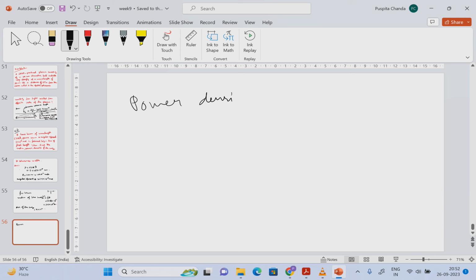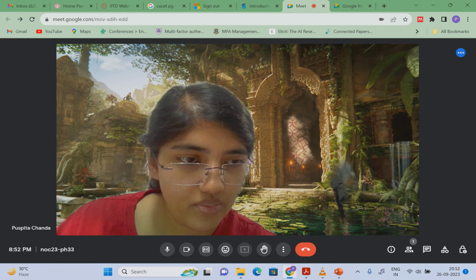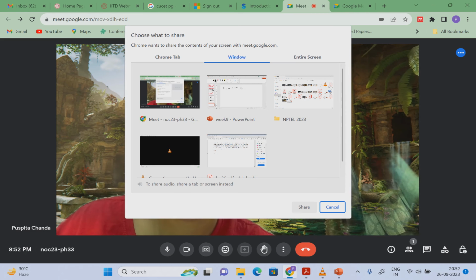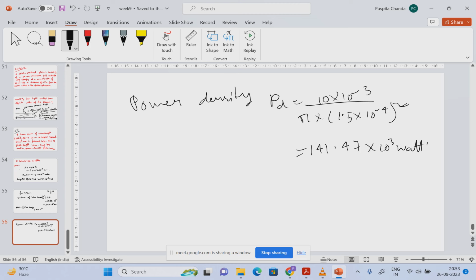So power density is equal to 10 into 10 to the power minus 3 over pi into 1.5 into 10 to the power minus 4 whole square. This is equal to 1.4447 into 10 to the power 3 watt per centimeter square.